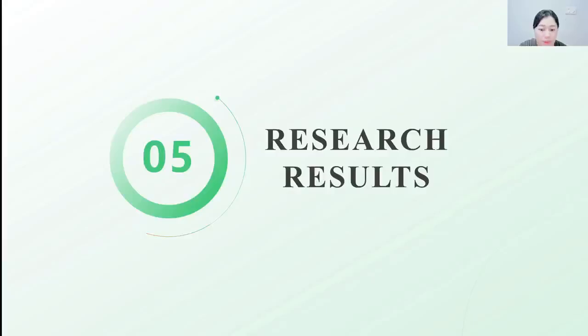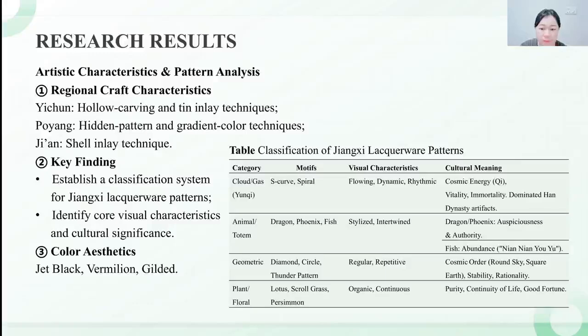Building on this, the main findings of this study are presented below. First, this study analyzed the regional craftsmanship characteristics of Jiangxi Lacquerware and identified three major distinctive craftsmanship systems: Yichun, Poyang, and Jian.